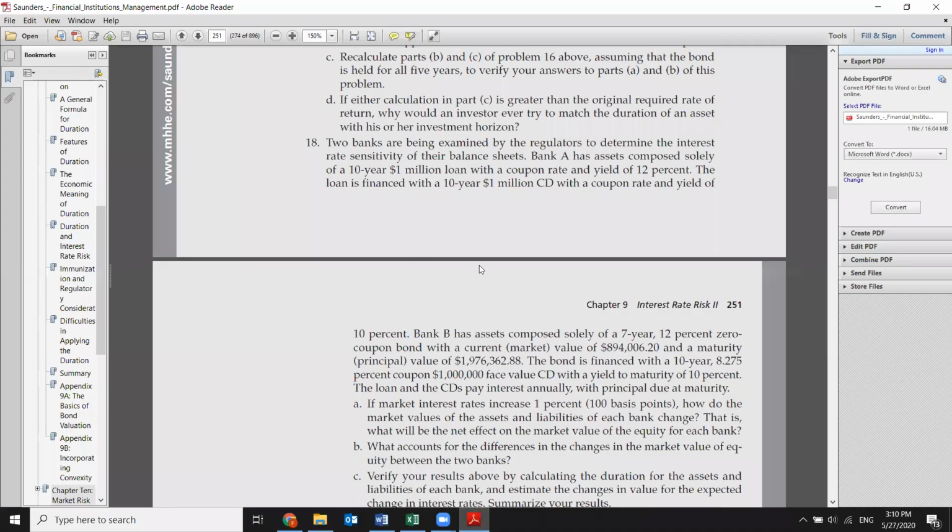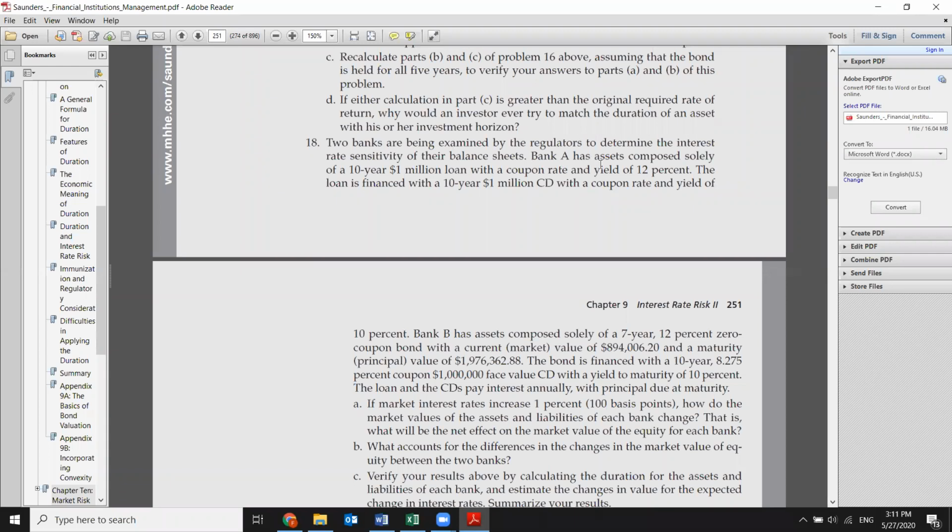Now, let's make the things clear here. We have two banks, okay? Bank A and Bank B. These two banks are being examined by the regulators to determine the interest rate sensitivity of their balance sheets.